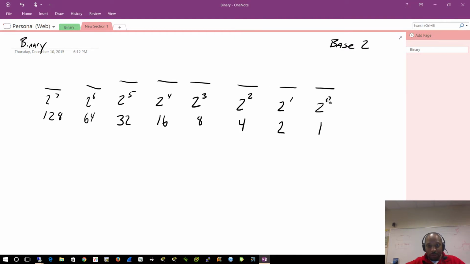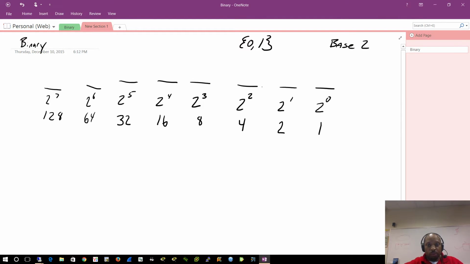Just so we don't confuse you here, I won't write the base number with the exponent. I'll just write the decimal equivalent. We'll keep it here for now. And remember, in binary, there's only 2 valid digits, 0 and 1.